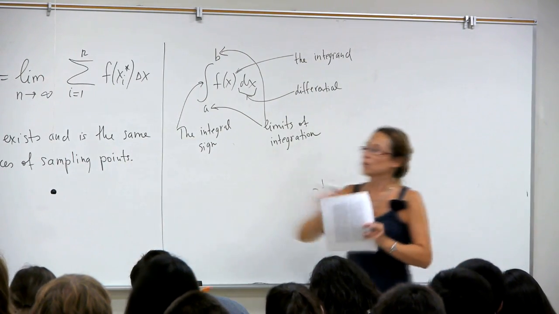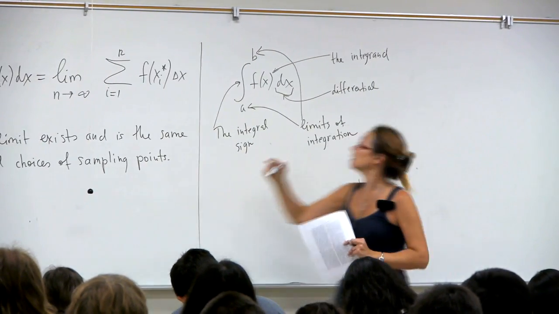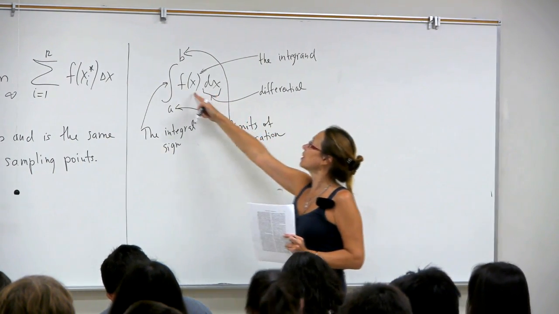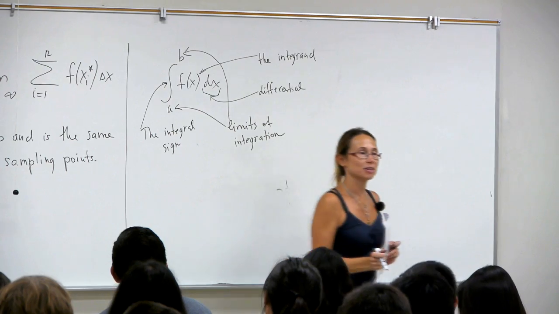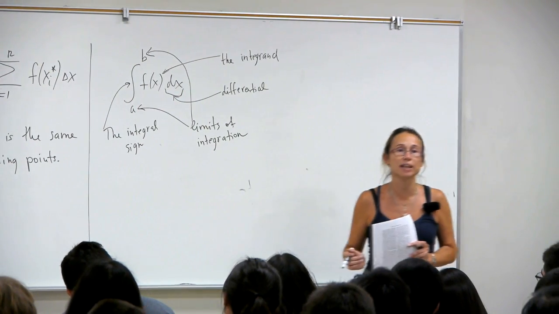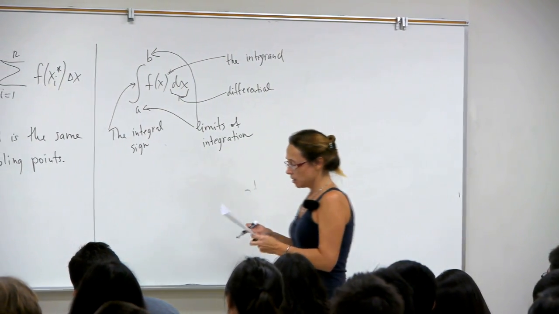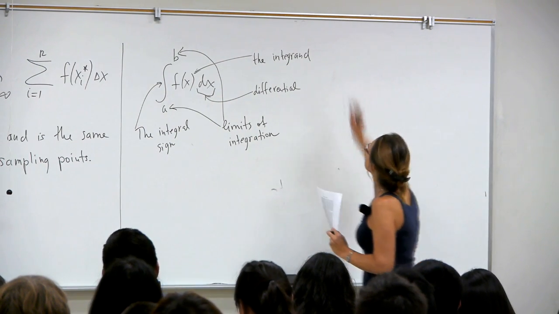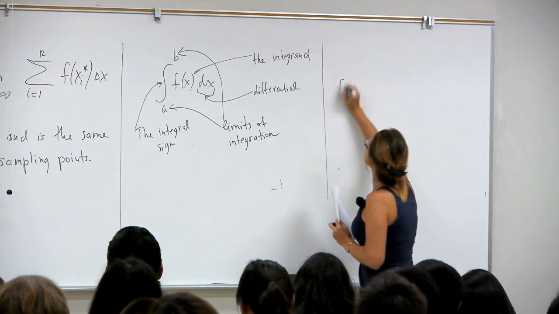My horizontal axis is called x in this case, and this variable has to match the variable upon which the function f depends. We call this variable the silent variable of integration.